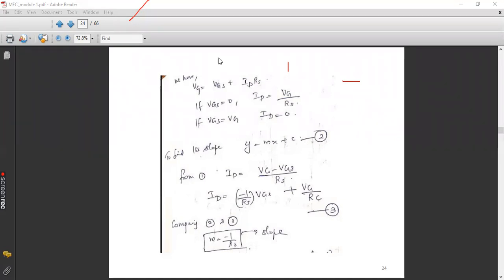This general equation you have to relate with the equation you got by applying KVL in your circuit.